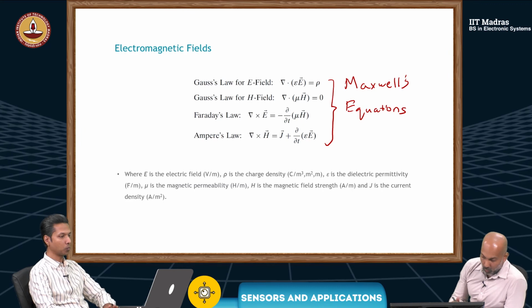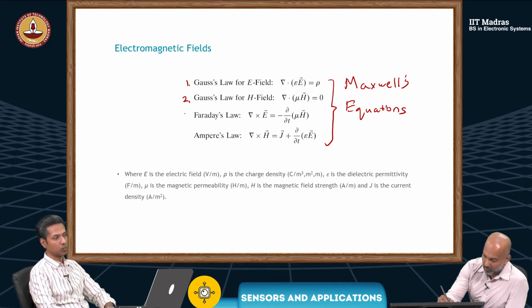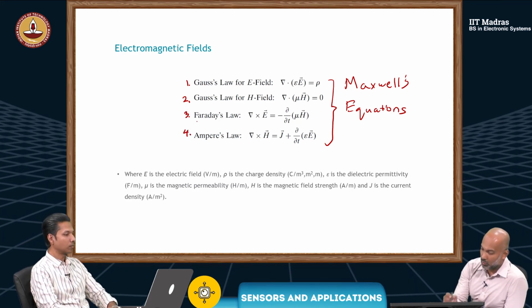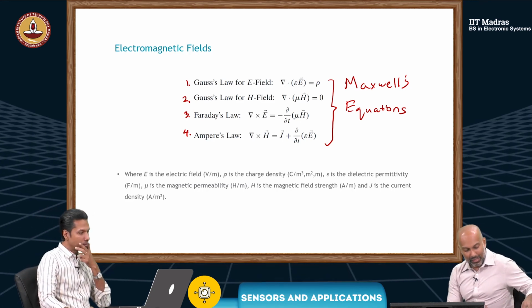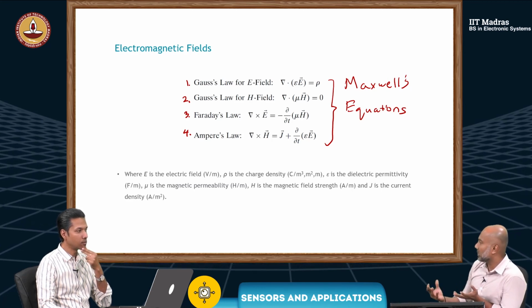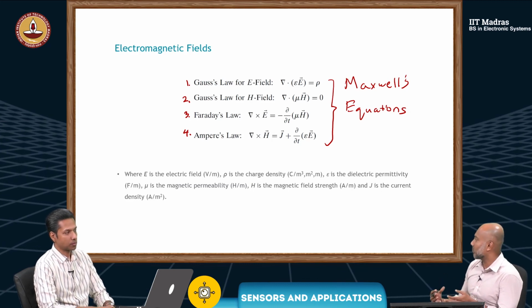Now, if you look at equations 3 and 4, what does that tell you? It basically forms the basis for electromagnetic waves, so they can propagate on their own.